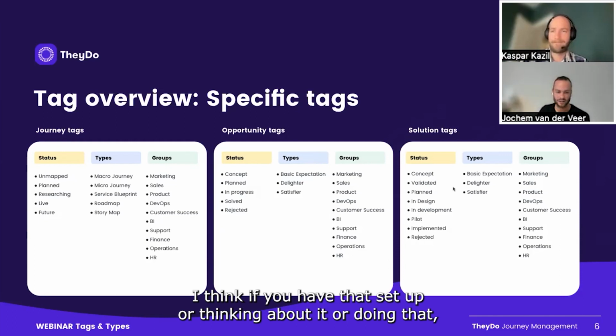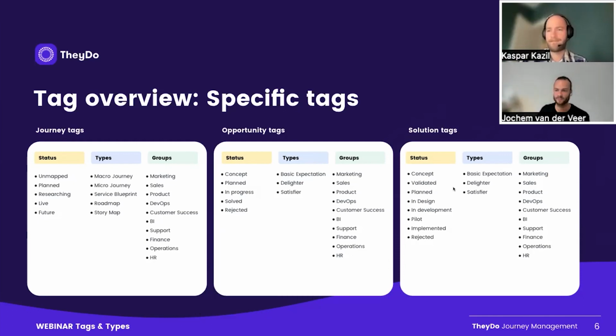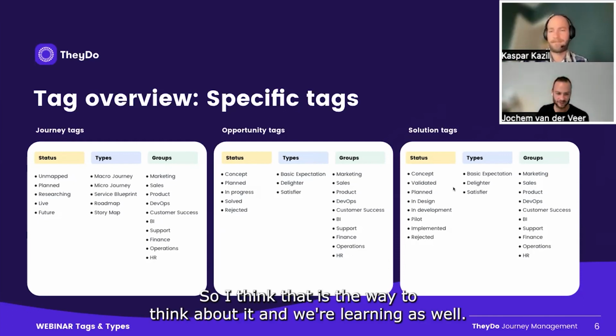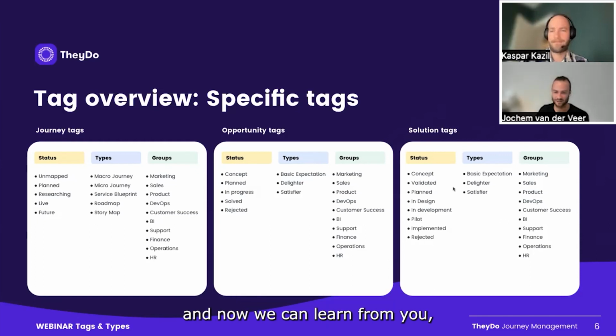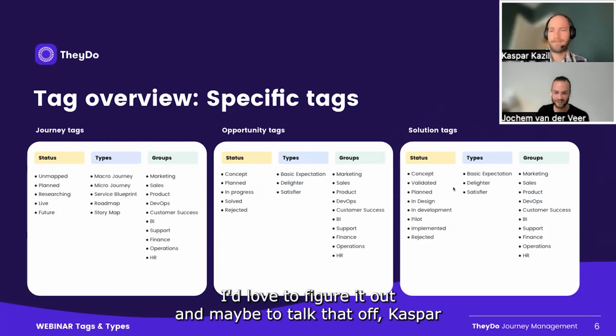If you have that set up or are thinking about it, you're doing a phenomenal job. And we're learning as well. So if you have innovative ways that you haven't seen today and we can learn from you, I'd love to figure that out.